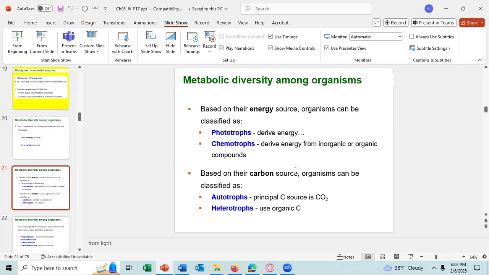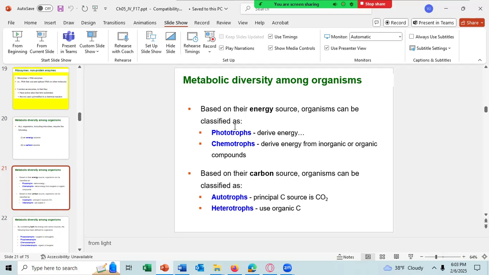It may be an inorganic chemical compound, such as the chemosynthetic bacteria. We'll talk about them in just a minute. Or it can be an organic compound, such as glucose. Humans obtain their energy needs from an organic compound, such as glucose. So humans are chemotrophs. And everybody knows a green plant is a phototroph.